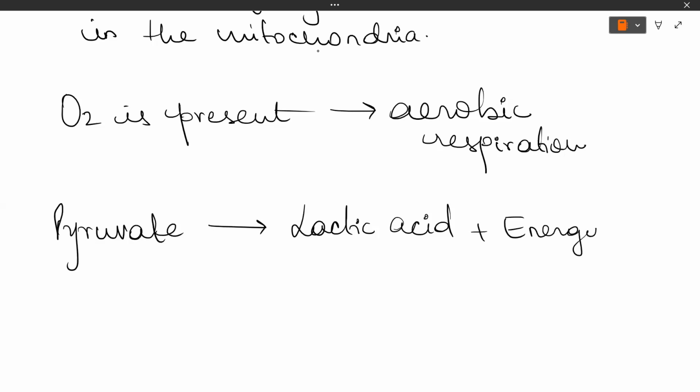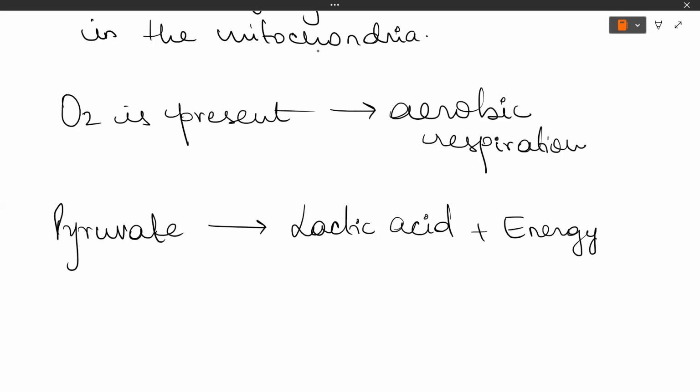During this step energy is released, isn't it? And it causes cramps in our body. You must have felt that when you run a lot, there is cramping in your legs sometimes. Your legs become stiff. This is because lactic acid builds up in our muscles.